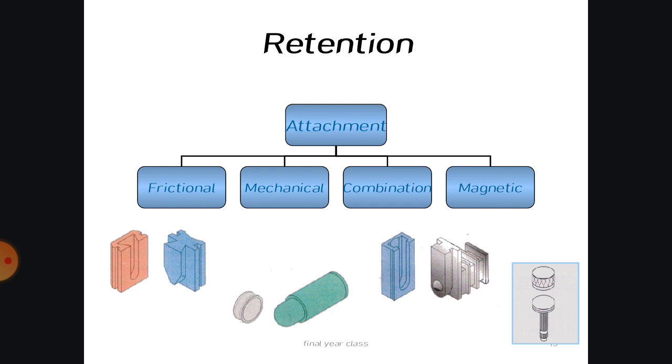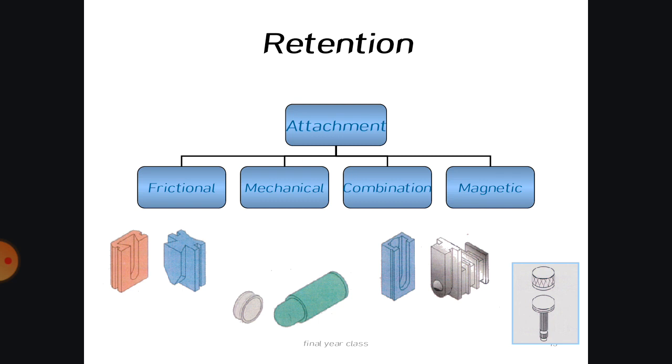So if you have two parallel surfaces which are very close to each other, then it is usually a frictional attachment. Under frictional attachment, I think Bailey's attachment comes. Please refer to the textbook for the exact example of a frictional attachment.